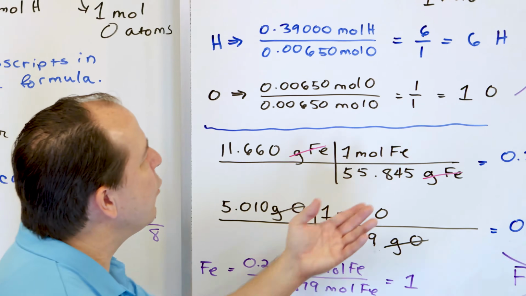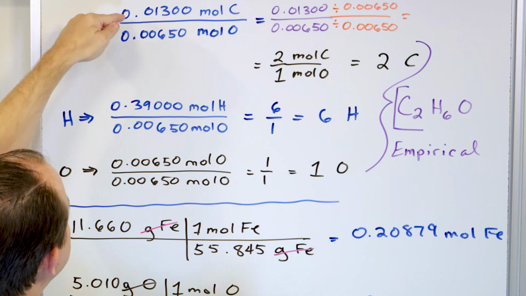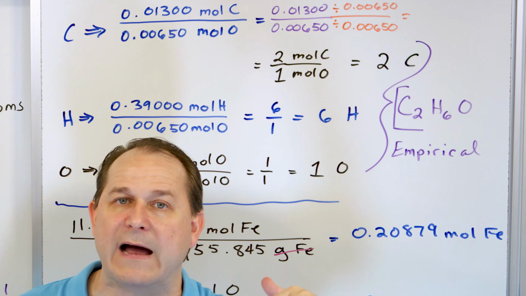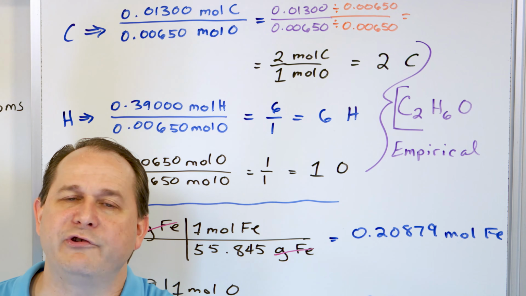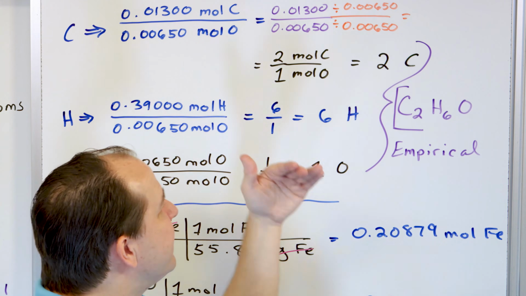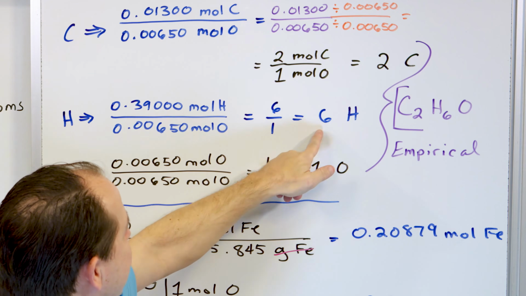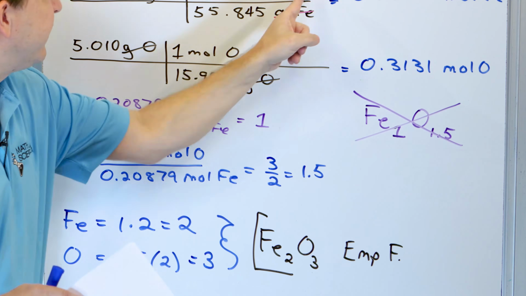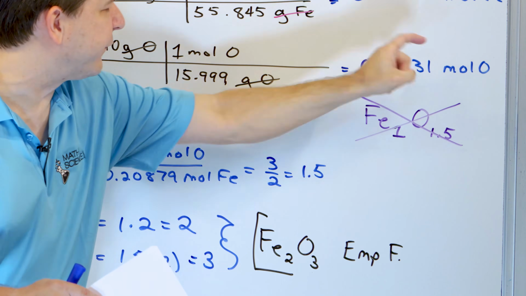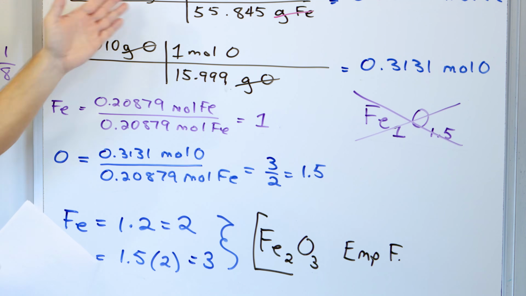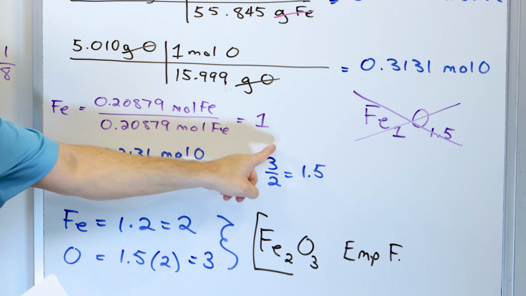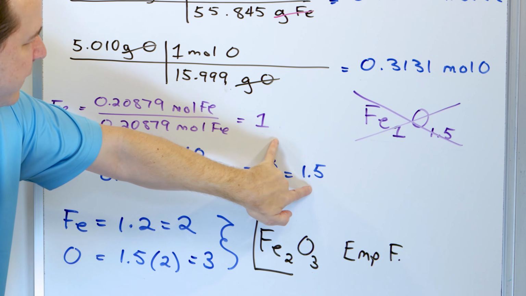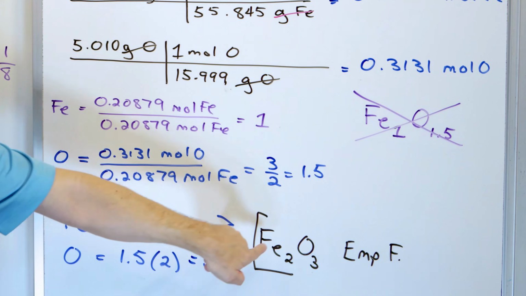In order to figure out what the empirical formula is, if you're given the moles of the different substances, all you do is you take those numbers and you divide them by the smallest number of moles you have. You're just finding the ratio between them, and hopefully you'll get whole numbers out of it, in which case they go straight into the empirical formula. In some cases you have to figure out the moles from the molar mass, but when you do the division and if you get numbers that are not whole numbers, then you need to multiply both in order to convert to whole numbers.